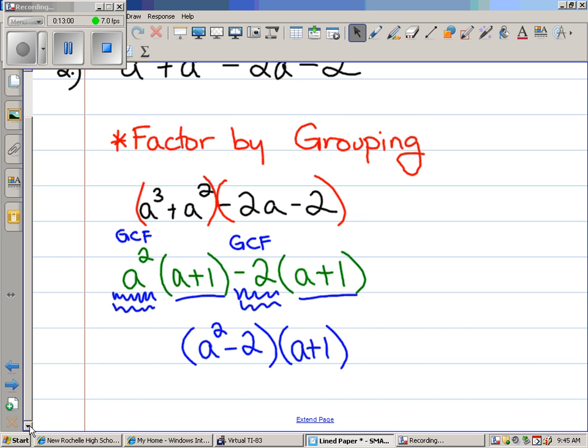In one parentheses, you have the GCFs, and in the other parentheses, you have one of the other binomials, one of the identical terms.